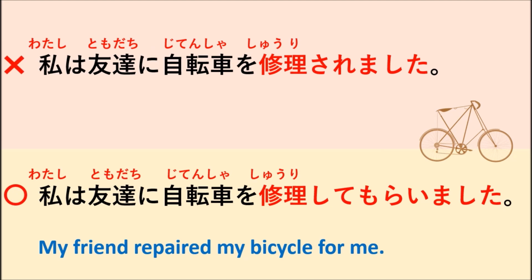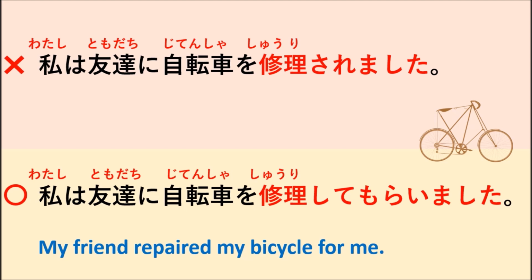Actually, the first sentence is wrong and the second sentence is right. Why? Actually, we use 修理される and 修理してもらいます。If you ask your friend to repair the bicycle for you, you have to use してもらう, because you ask someone to do something for you.